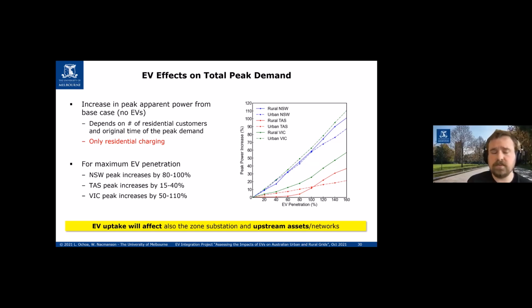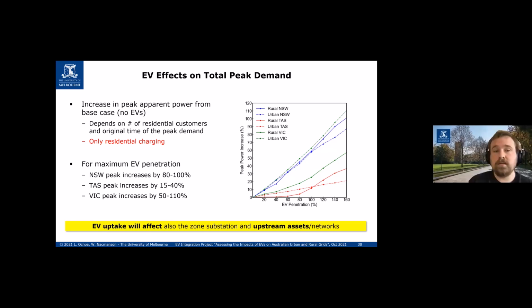For New South Wales feeders, it was between 80 to 100% increase in peak apparent power. TAS networks, with the higher average residential demand in particular, is a bit lower, 15 to 40%, and for the Vic feeders it's 50 to 110%. Now we're only modelling one HV feeder, where in reality, connected to the zone substation, the primary substation, there might be several HV feeders.